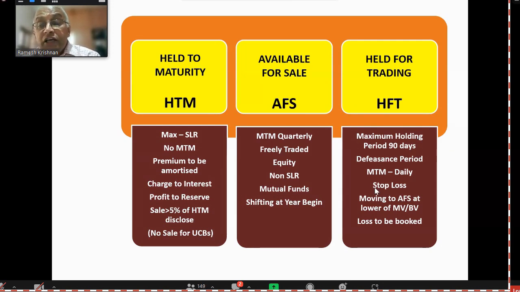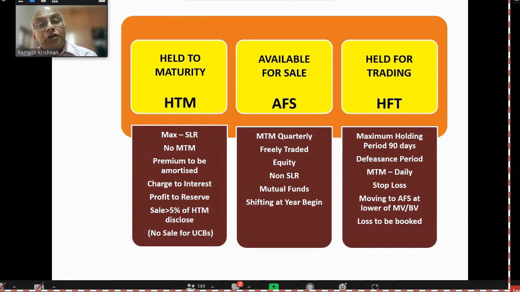So if you want to hold on to the security, you can shift it from HFT to AFS. Shift it at today's value, the shifting date's lower value. Why did you not book a profit? Because there is a depreciation. You bought it at say 99.80, and it is today trading at 99.60.